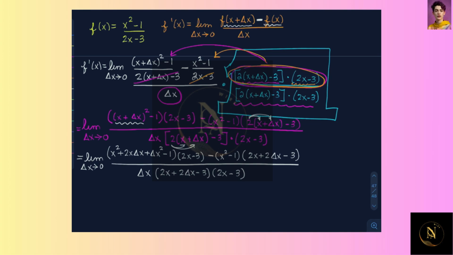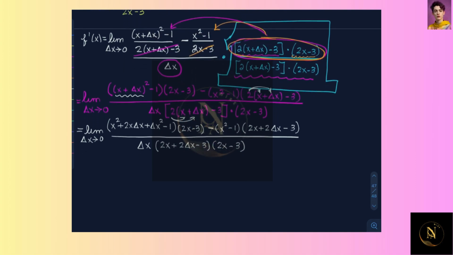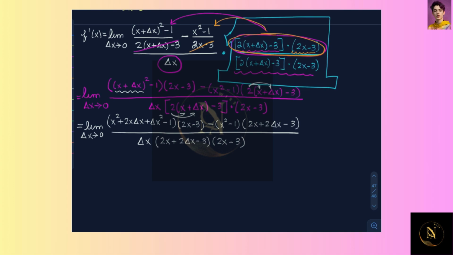So now I've got to do some major distributing in order to clean this up. I'm going to start by sharing the 2x to all the parts. So I'll get limit as delta x is approaching 0 of 2x cubed plus 4x squared delta x plus 2x delta x squared minus 2x.